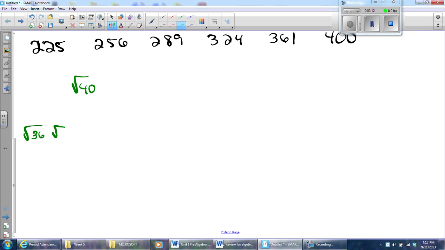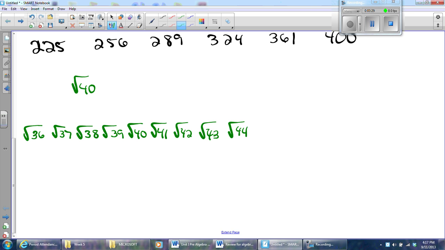So what I'm going to do is list out 36, 37, square root of 38, square root of 39. Most of these are irrational, by the way. Square root of 40, 41, 42, 43, 44, 45, 46, 47, 48, and the square root of 49.